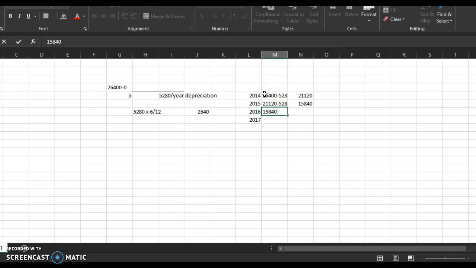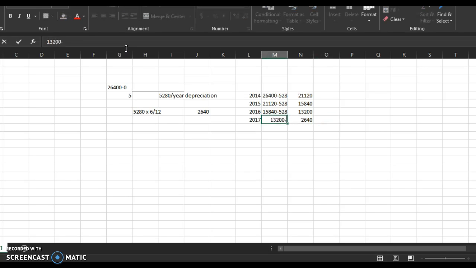So we take $15,840 minus the $52.80, and that gives us a value of... sorry about that, I got minorly confused by my notes. That gives you a value of $13,200, and then $13,200 minus the $26.40 because we only did a partial year.